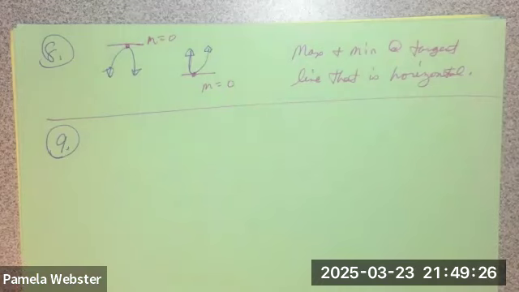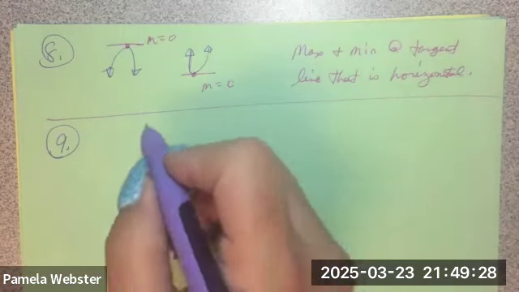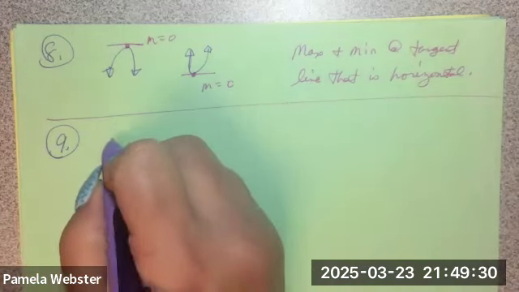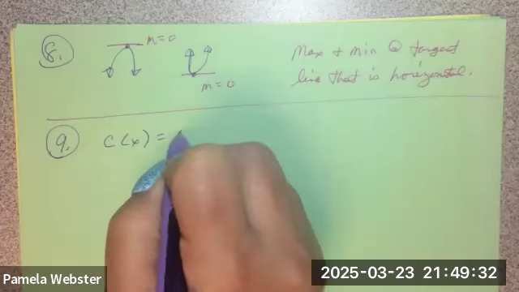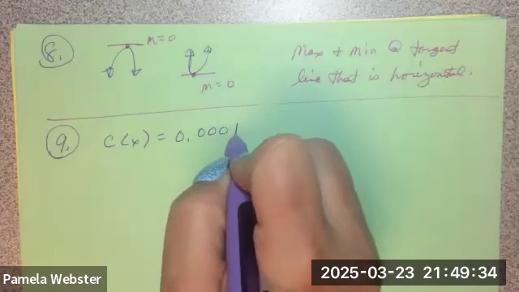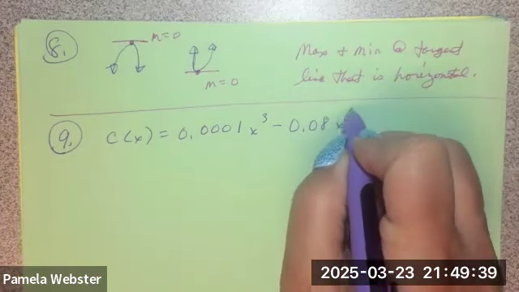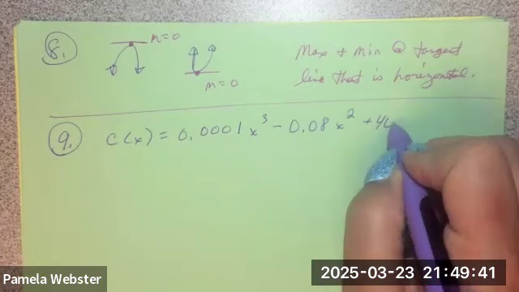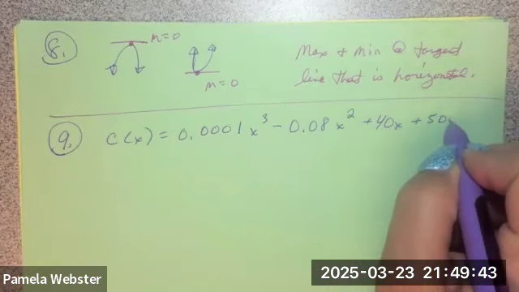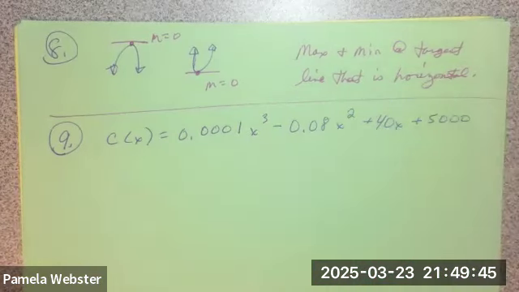Management determined that the daily cost of producing these MP3 players in dollars is given by C of x equals 0.0001 x to the third minus 0.08 x squared plus 40x plus 5,000. I apologize. I made up some of these problems and I made them so that they would work nicely. I didn't care if they made sense, or if the numbers were nice here.